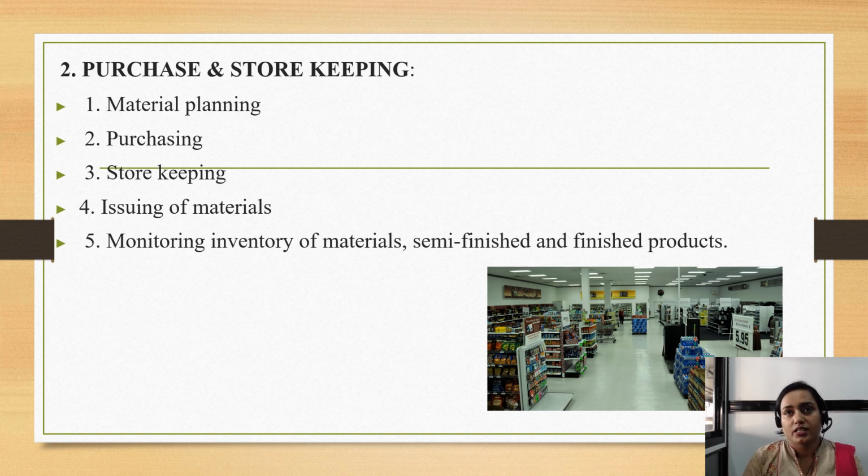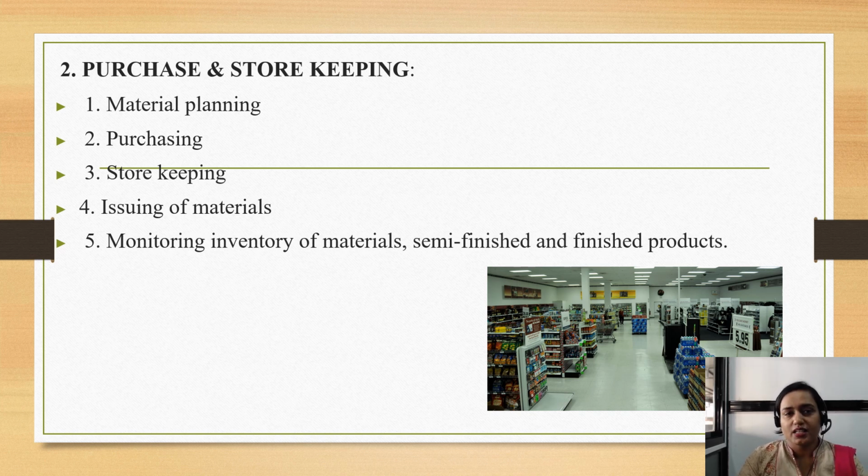So purchase and storekeeping is another important function, where the first is material planning, second is purchasing, third is storekeeping, fourth is issuing of the materials, and stock management of all the materials, which can be finished product or semi-finished product.